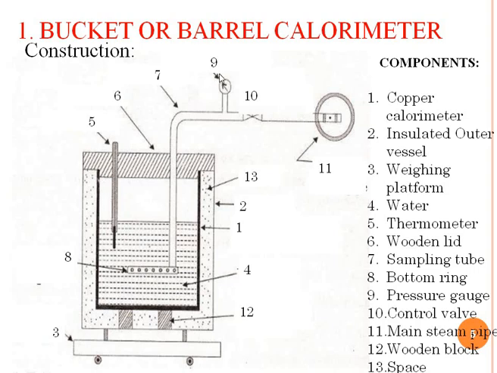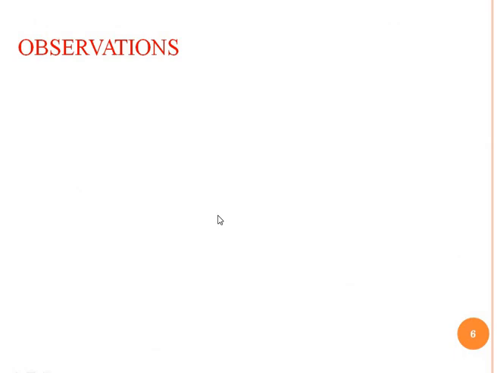Number 9 is a pressure gauge through which we will measure the gauge pressure of the entered sample steam, and number 10 is a control valve used for the entrance of the steam. Number 11 is the main steam pipe through which steam is flowing. Number 12 is a wooden block which separates the inner calorimeter from the outer vessel. Number 13 is an airspace.